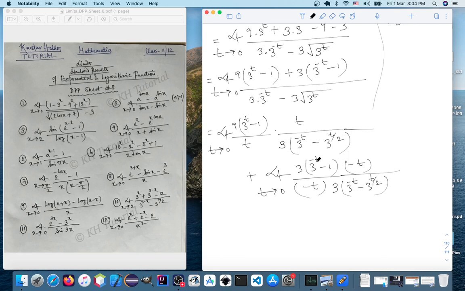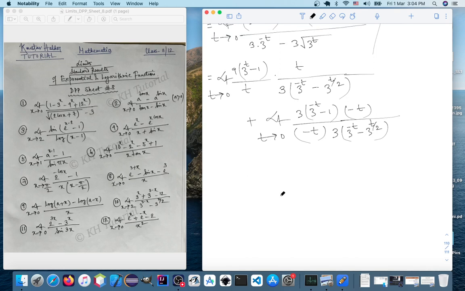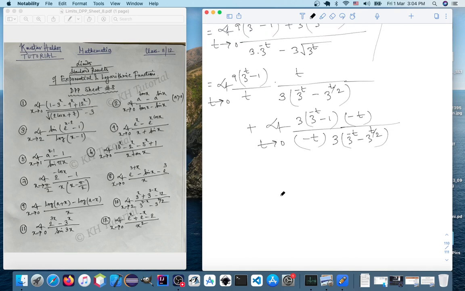Also over here, 3 to the power minus t minus 1 divided by minus t will become 1. So we can directly put the value, this will become log 3, this will become log 3. Then we will have to deal with this limit.